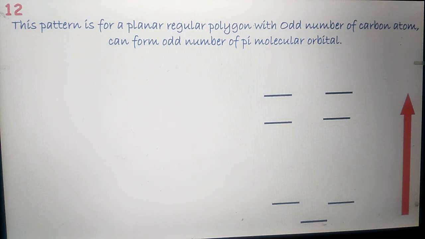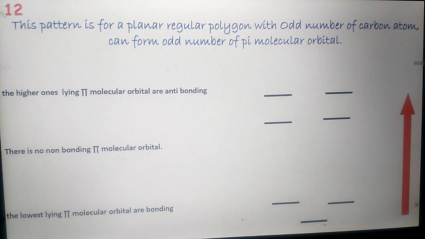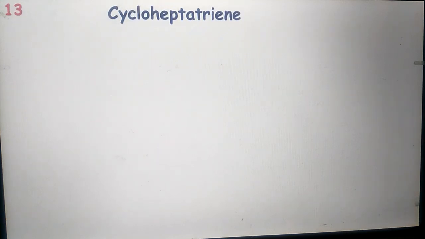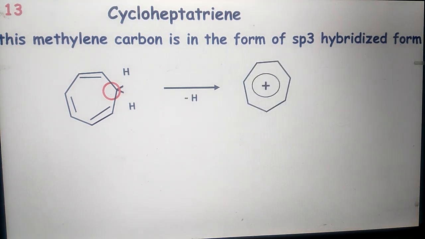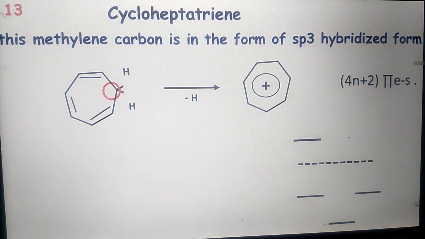The lowest are called bonding pi molecular orbitals and the highest are called anti-bonding pi molecular orbitals. Cycloheptatriene, a 7 carbon member ring, contains one methylene carbon in sp3 hybridized form. If we remove one hydrogen, then in cation form it shows aromatic character. And this pattern is for cycloheptatriene.